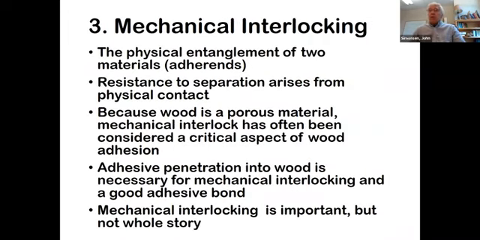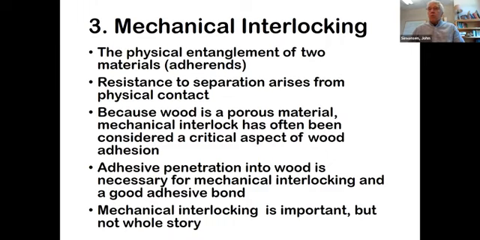The third one is mechanical interlocking. This is physical entanglement of two different materials, so you have resistance to separation from physical contact. One example of this is a zipper, right? Close together. That works pretty well, and it's a mechanical interlock.